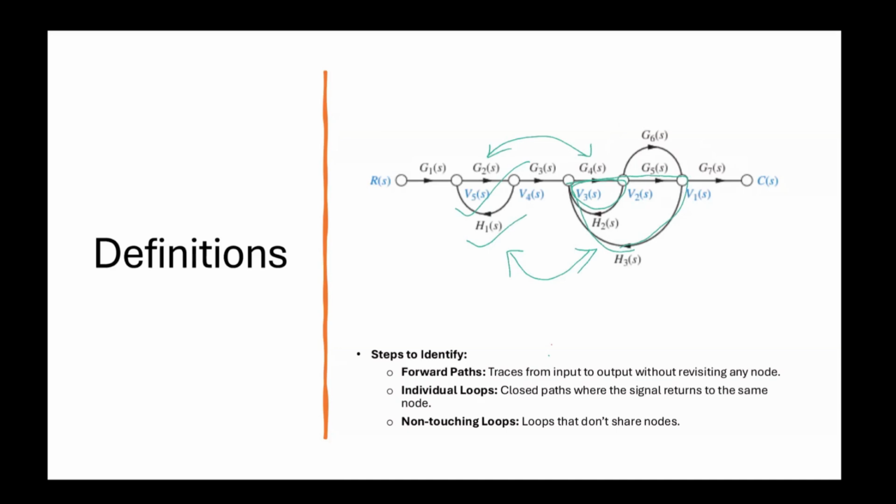Also G2H1 and G4, G6, H3. These two are non-touching loops. So there are many combinations of non-touching loops in this example. Loops that do not have any common nodes are called non-touching loops.